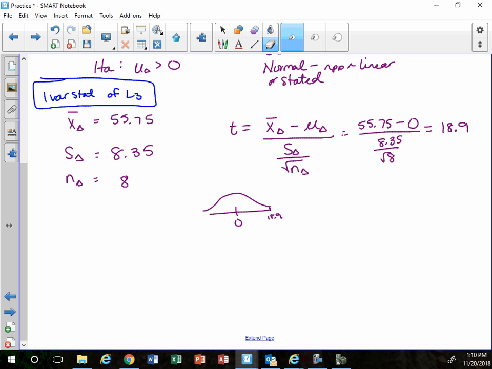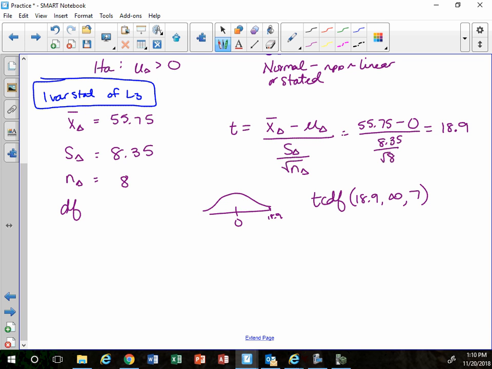You certainly can do the tcdf, and you'd be going from 18.9 to infinity. What are your degrees of freedom this time? 7. It's good to get in the habit of doing that over to the side here where you're listing all of the different pieces you're using to write down what degrees of freedom are. And you basically get 0.